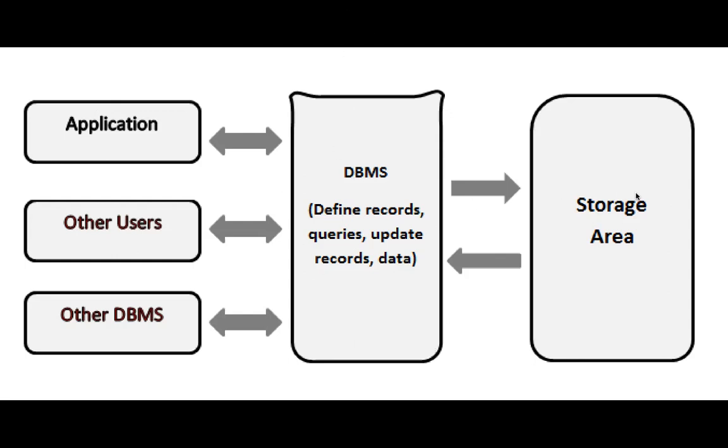Before it even gets to the storage area where we let it lay peacefully, we have to perform some rules and regulations, as we earlier said, on it as the database management system. Examples of these rules are the records, the queries, the updates.